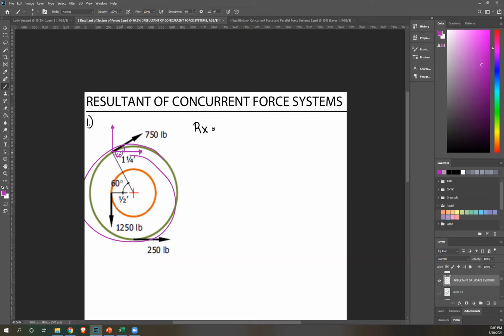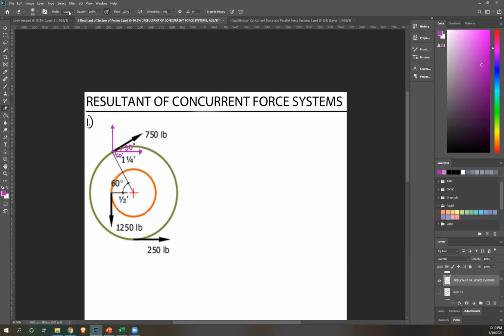From your previous math subjects, remember, the radius of a circle is always perpendicular to the tangent line. So this creates a 90-degree angle. To get this angle, that's just 90 minus 60, so this angle is 30 degrees.